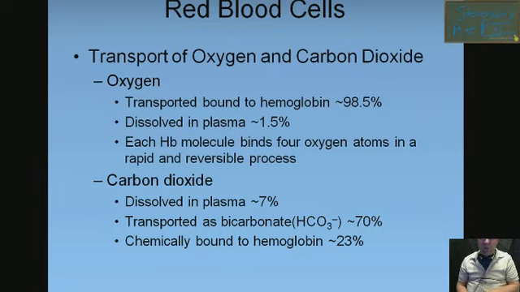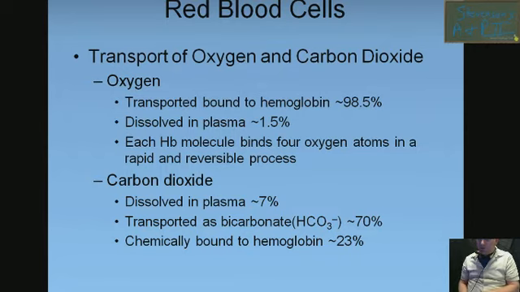And remember, each red blood cell has 250 million hemoglobin molecules per red blood cell, and each one can carry 4 oxygen atoms. So each red blood cell can carry 1 billion oxygen molecules.